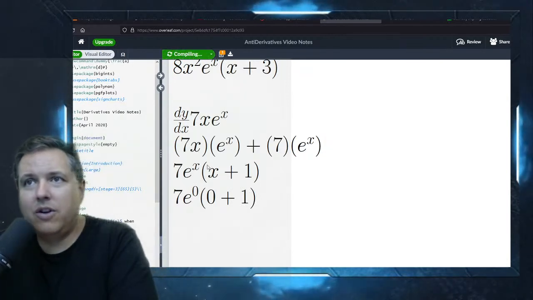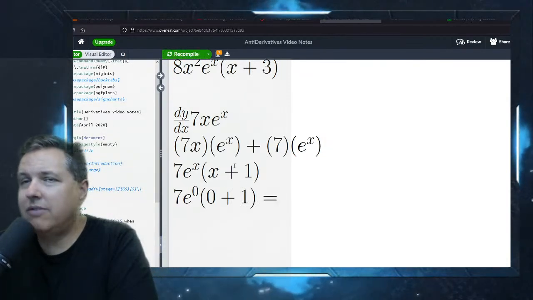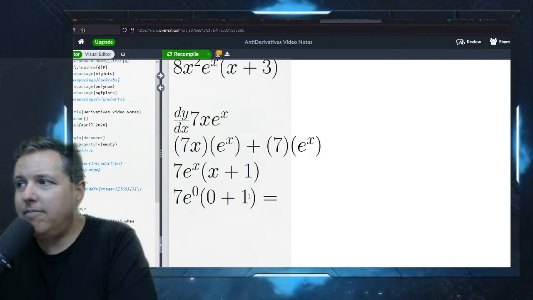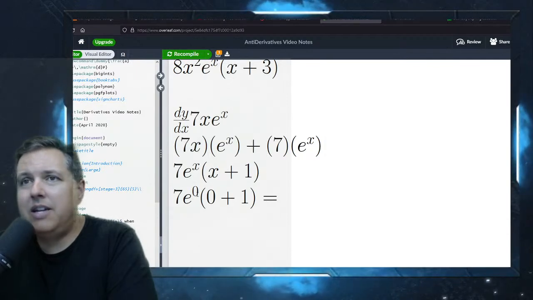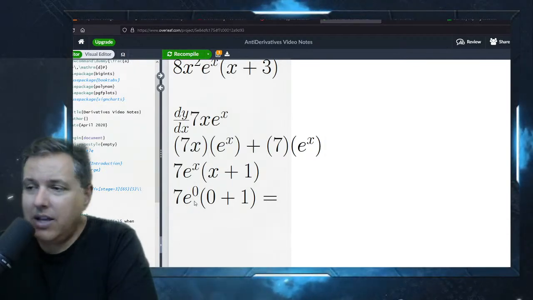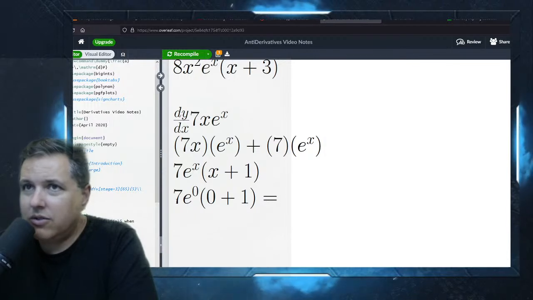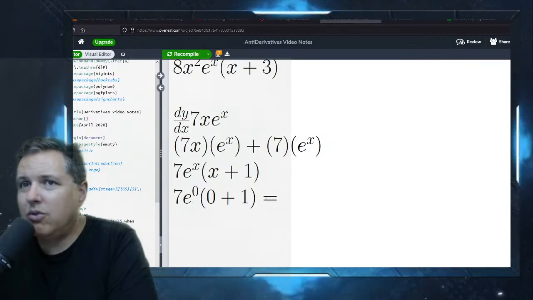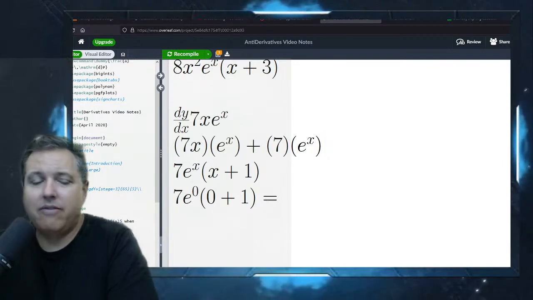I just took this function and evaluated it at an x value of 0. So what do we have? Well, 0 plus 1 is 1. And 7e to the 0, well, e to the 0 is equal to 1, so 7 times 1 is 7. And then 7 times 1 times 1, so the whole thing comes out to 7.